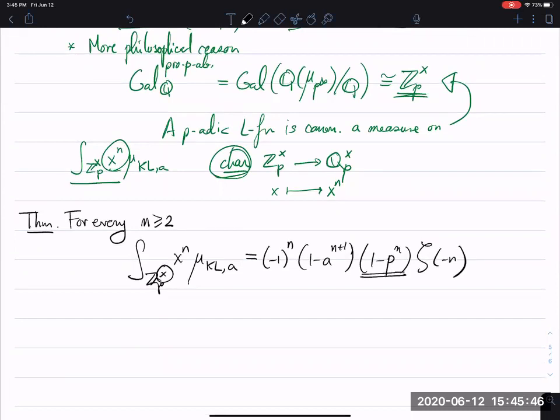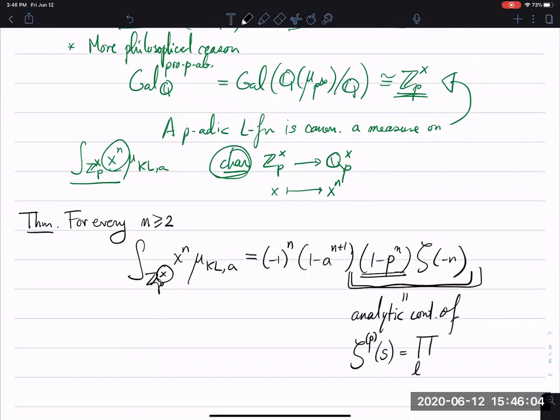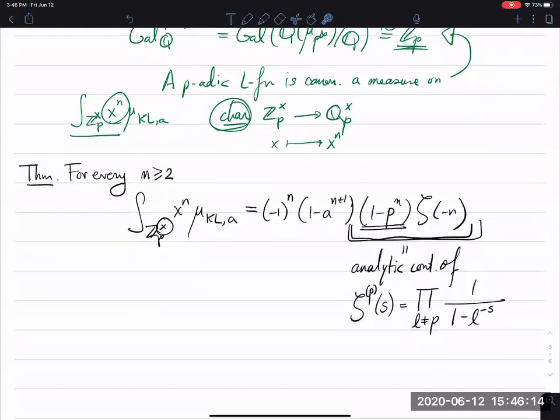Another way to think of where this extra factor comes from is that I can combine these two together, and think of this as the analytic continuation of the zeta function, but I want to remove the factor at p. Remember, the zeta function has an Euler product structure, taking the product of 1 over 1 minus l to the negative s. If you really take l equals p, what you have here is 1 minus p to the negative s.